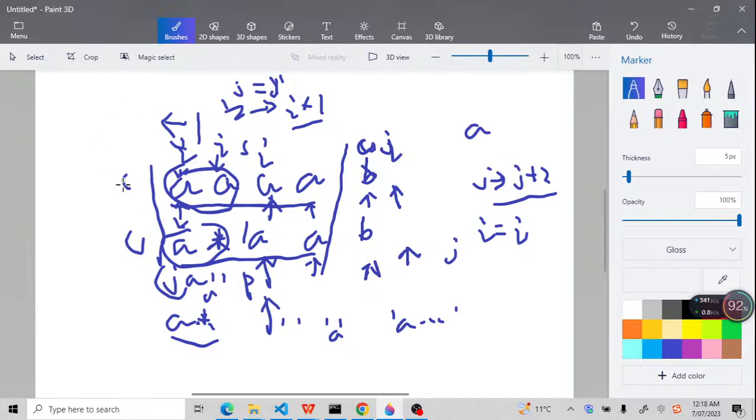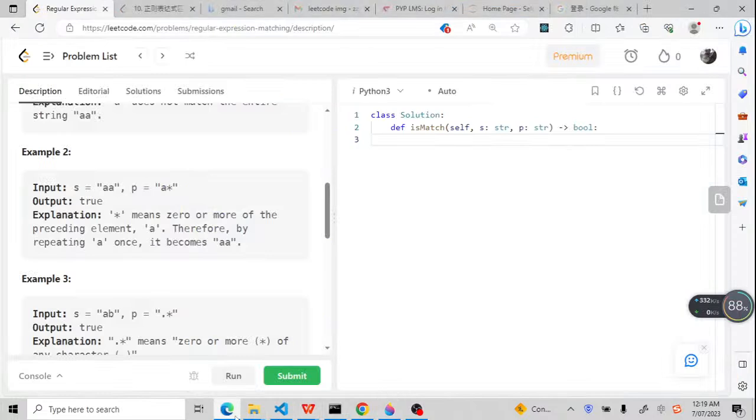So if before this A it is a match, this A can move to the next place. Yeah, this is the trick. Let me explain it in code and try to understand what happens. Inside the code it should be easy to understand.